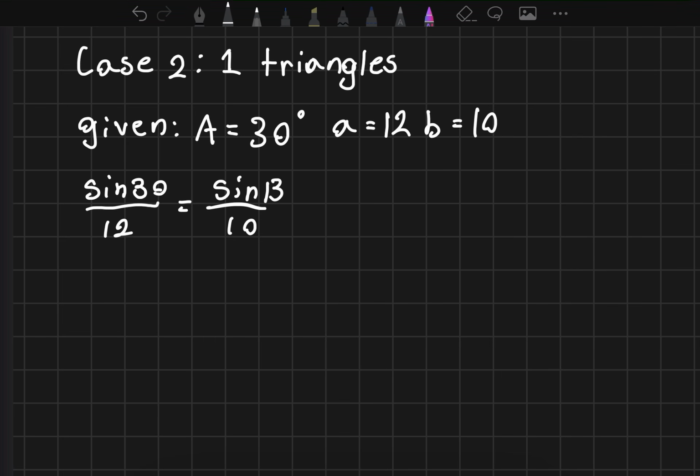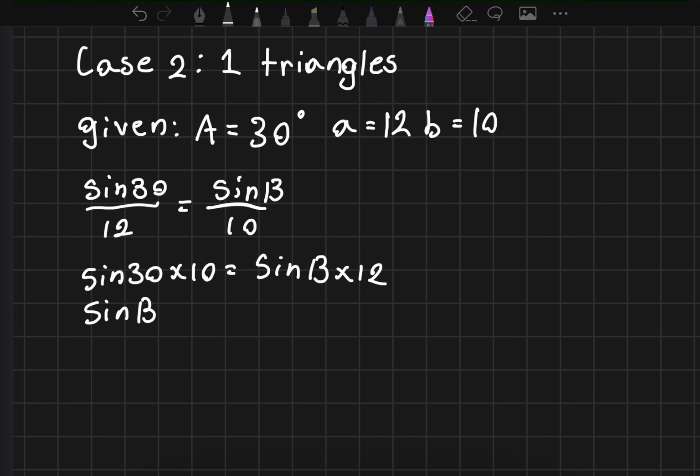You do sine of 30 times 10 is equal to 12. Let me just write that better. Then we can conclude that sine of B is equal to sine of 30 times 10 divided by 12.